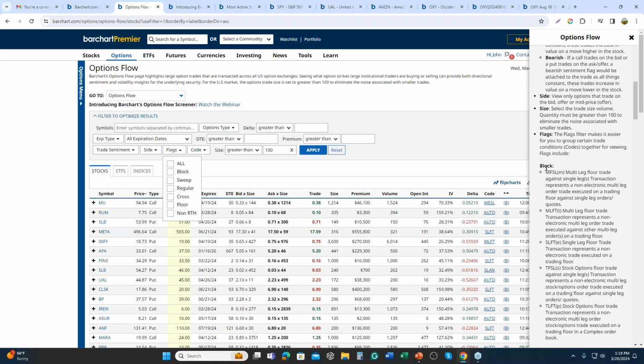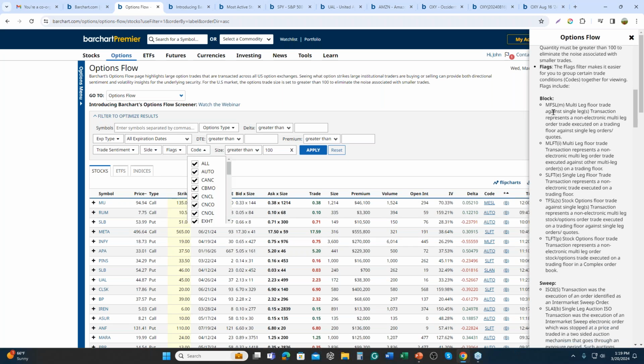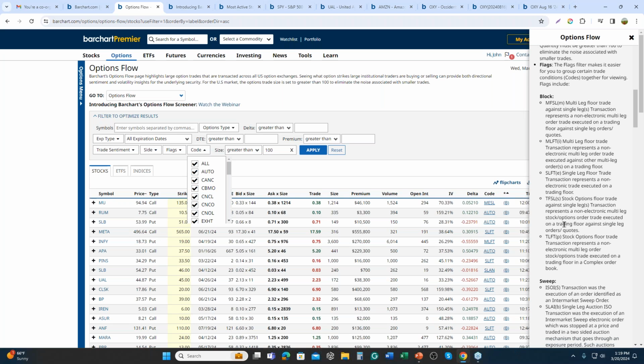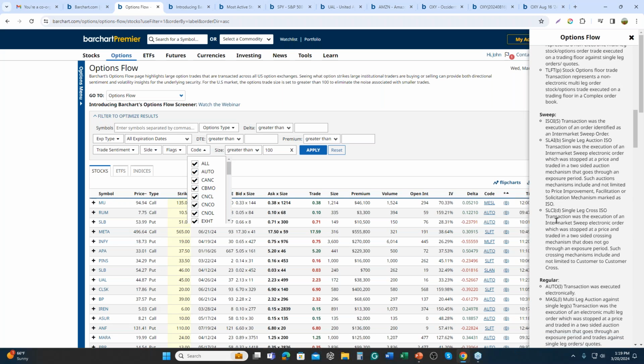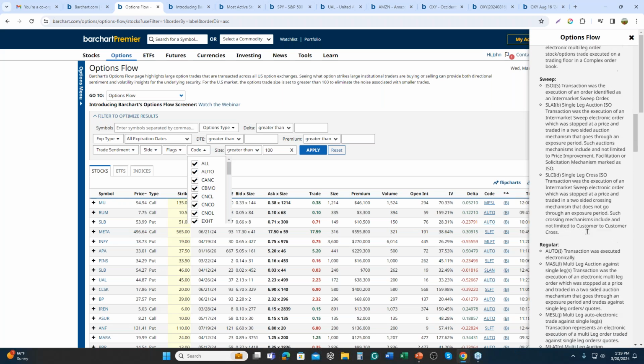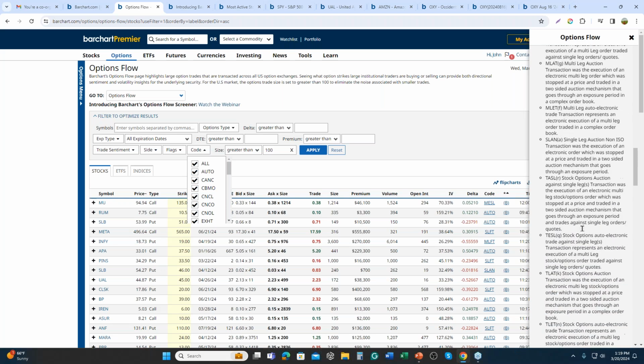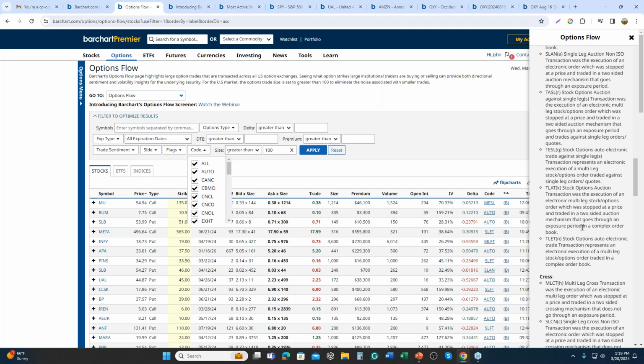In each one of the flags, we have some code designations: multi-leg floor trades, single leg trades. You might see something like a cross trade. Again, a lot of different codes based on what type of trade it was and where that trade was executed.